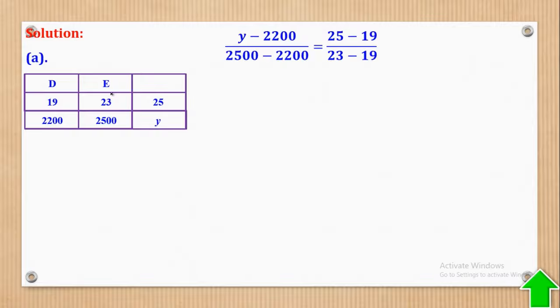After that, next is to look for a way of making y the subject. So the whole of this is equal to that, and the whole of this is equal to that. When you calculate out, it will be shillings 2,650. So basically that's what they wanted in part A.